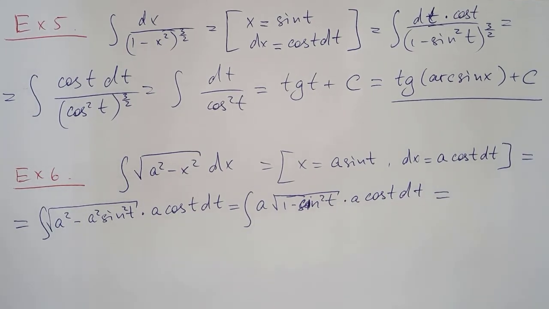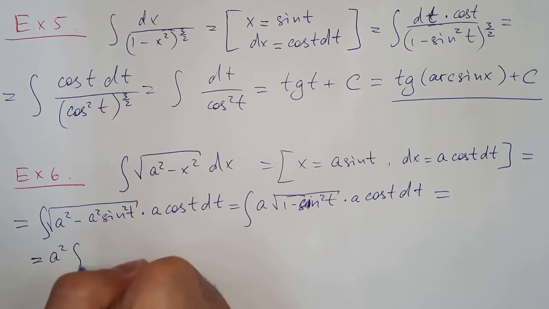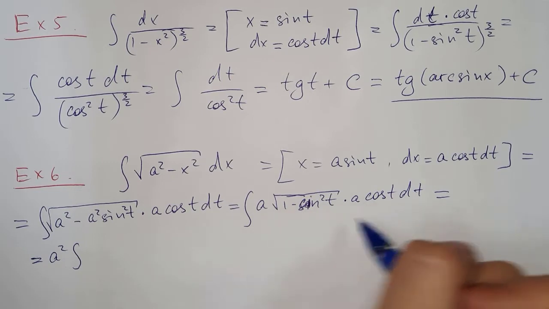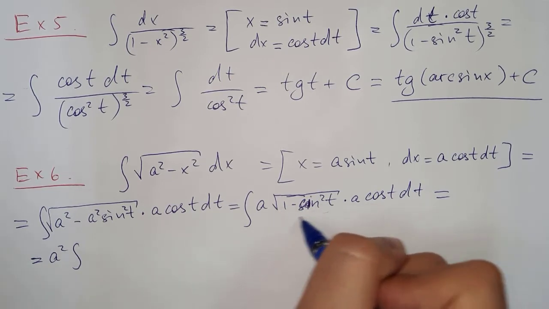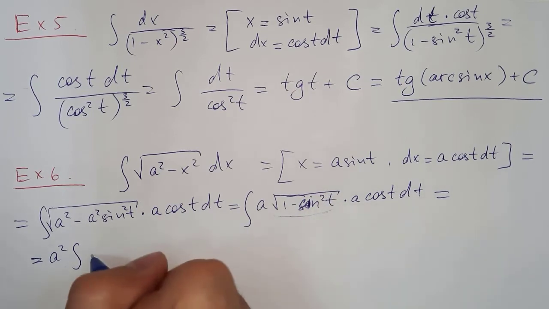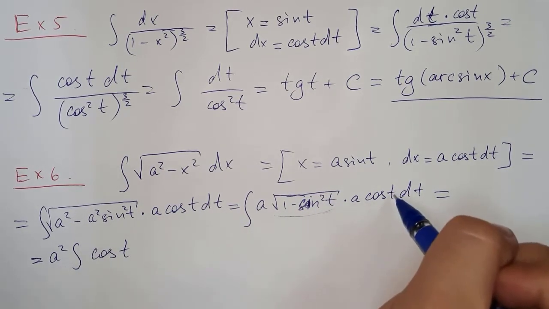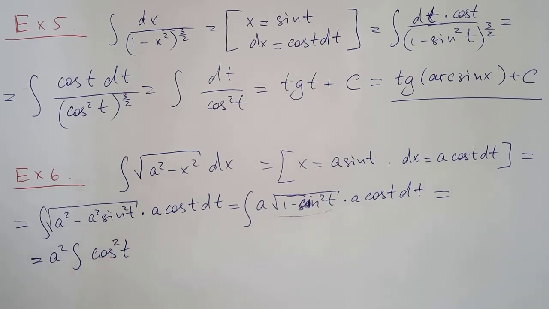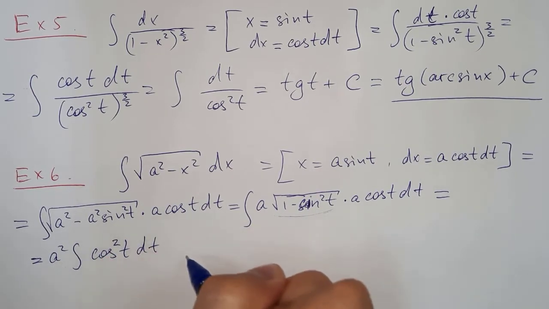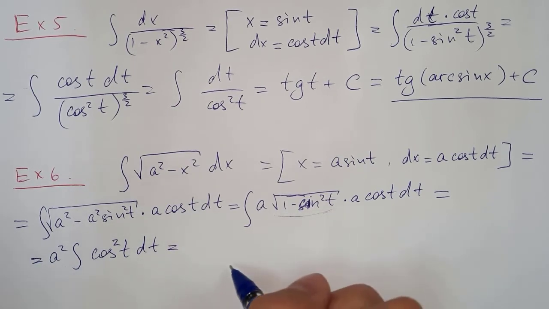So I think it's clear already. Now we have a squared out of the integral, and it gives us cosine squared t, but we have a square root, so we get just cosine t, and times cosine t, so we have cosine squared t dt.